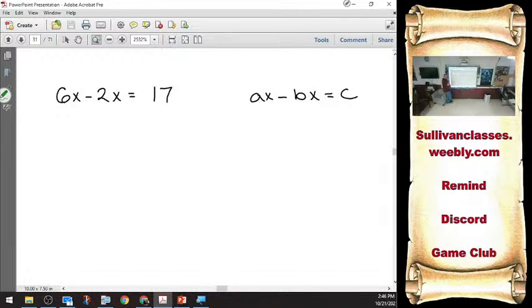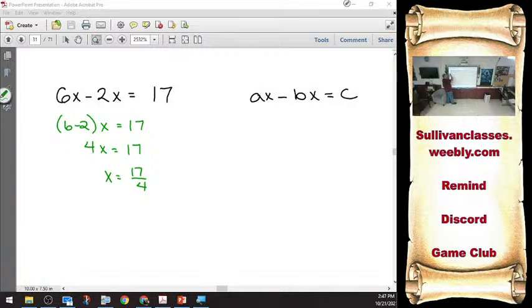What's 6x minus 2x? No, it's not. It's 6 minus 2 x's. You always write the 4, don't you? What do we do then? We divide both sides by 4, getting 17 fourths.